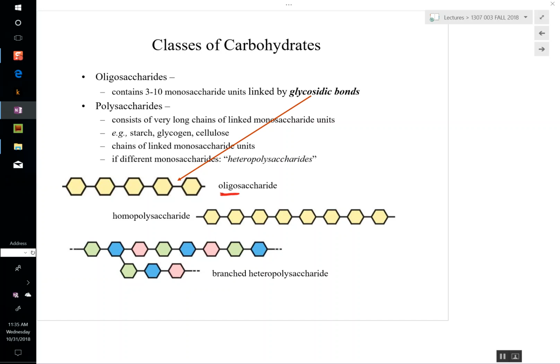So this would be a 1, 4, 1, 4, 1, 4 linear polysaccharide. But then you also have a 2, 5 linkage here as a branch. This one right here is branching off to another branch of the polysaccharide. So just be kind of familiar with that sort of thing.